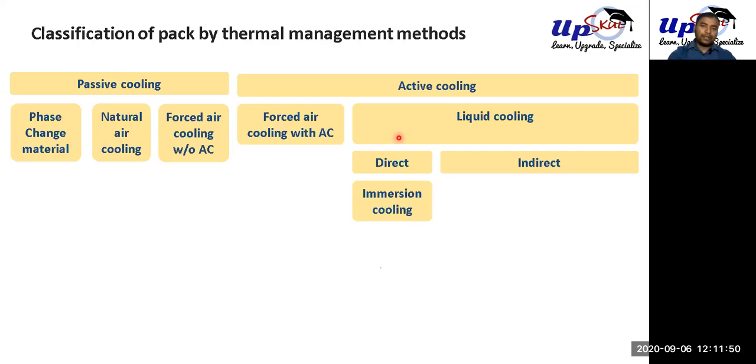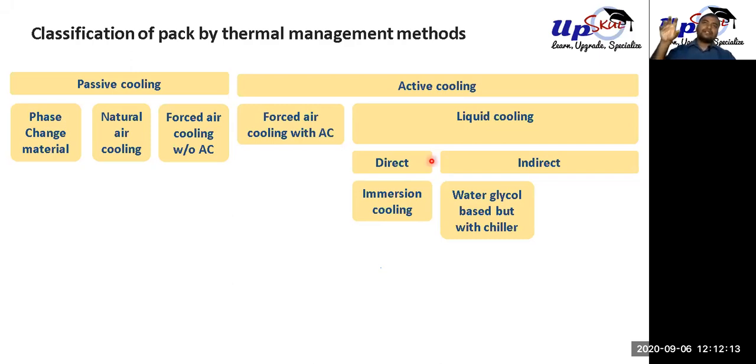So the first one is direct, the second one is indirect. As you should know, the direct kind of cooling is very rare. It is not used in automobiles, not at all. Believe me, we have tried to use it. There was a lot of hype on it, but it did not work out.